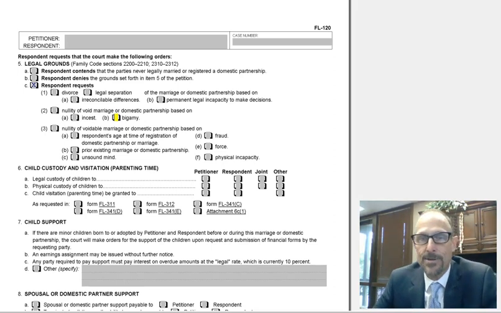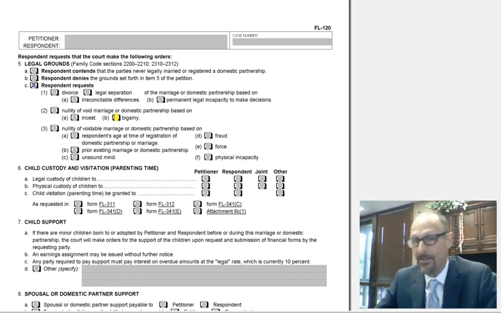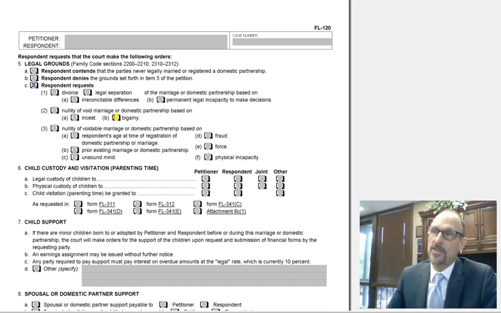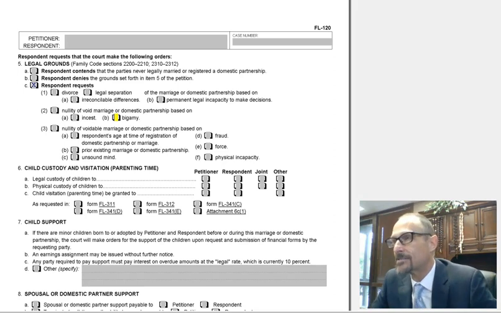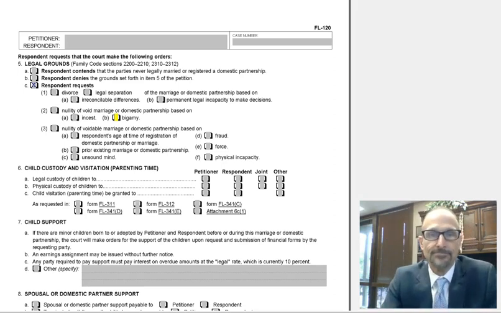Prior existing marriage or domestic partnership, unsound mind, or if you were forced into getting married by fraud or by force, or if you want to get a nullity due to physical incapacity. Again, anything under number 2 or number 3, call and get some advice from an attorney if you're going to mark any of those. Just telling you. All right, moving on to number 6.